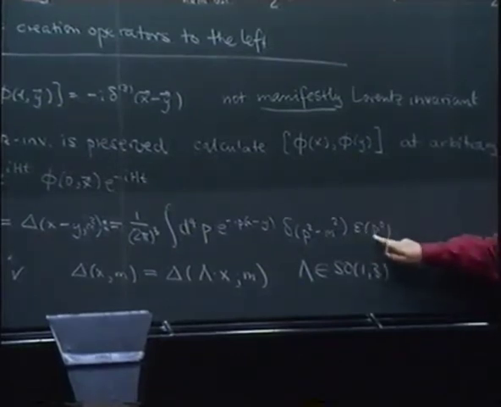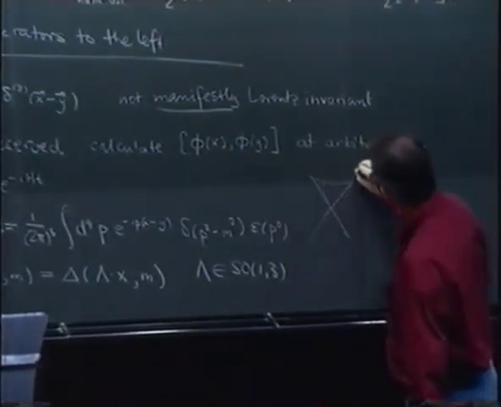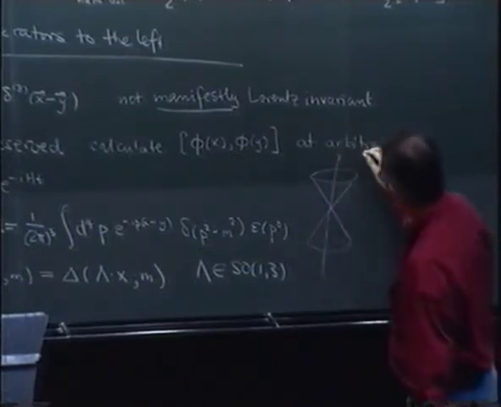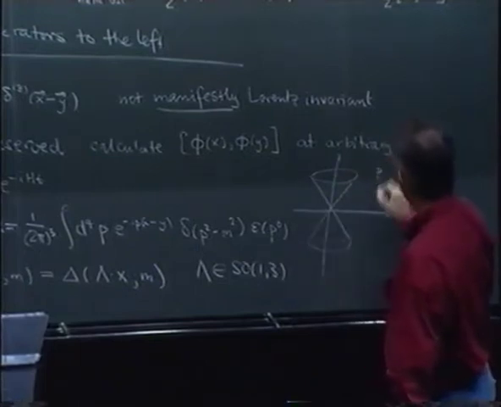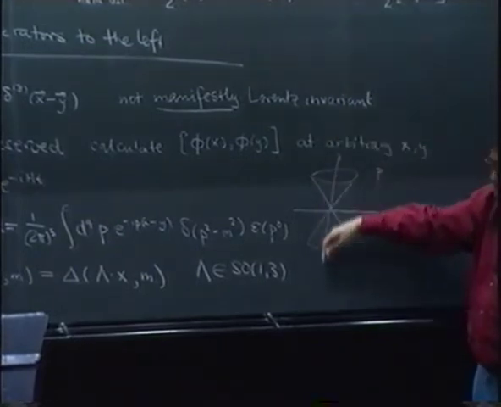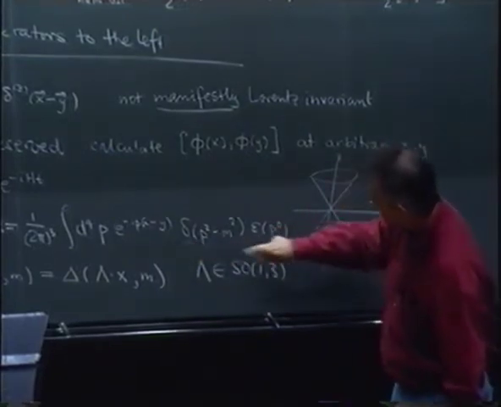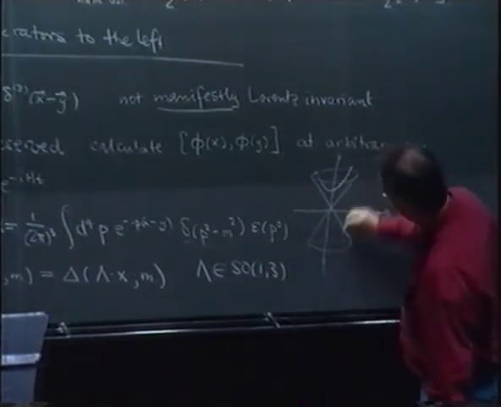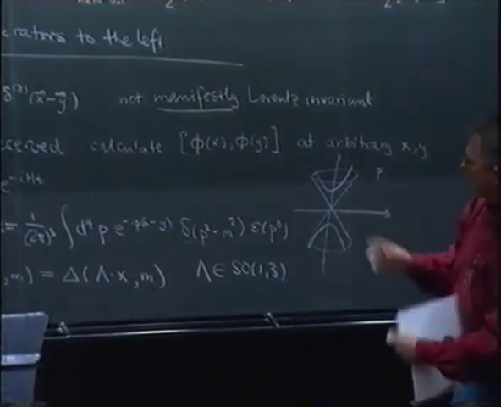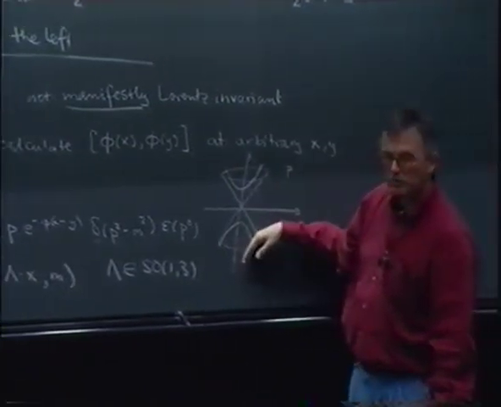And the only thing we have to be a little careful about is here, because this is a function that, if you draw the light cone in the P space, is plus 1 in the forward light cone, and it's minus 1 in the backward light cone. So this tells us that the function in Fourier space is supported on some kind of mass shell. And this is Lorentz invariant if we take a Lorentz transformation that does not interchange forward and backward light cone.